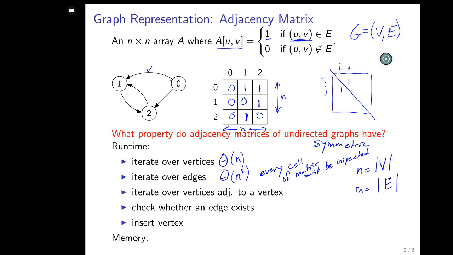Iterating over vertices adjacent to a vertex. So I have a vertex, and I want to know who my neighbors are. I want to iterate over them, to tell each neighbor, I'm your parent. Theta of n.